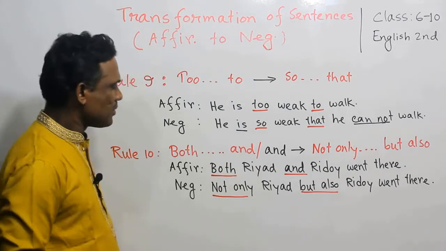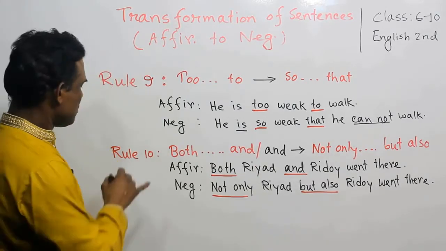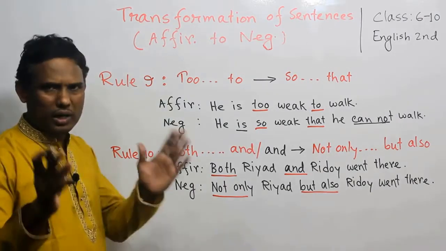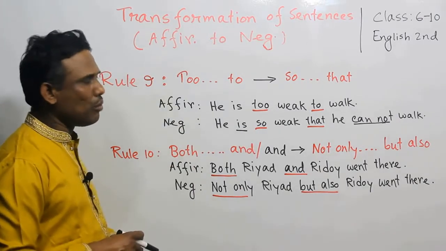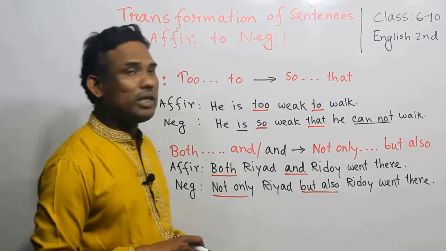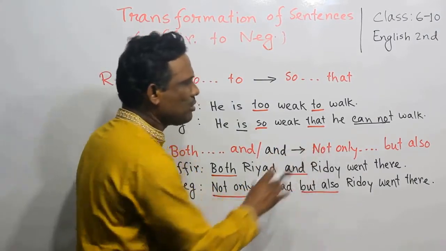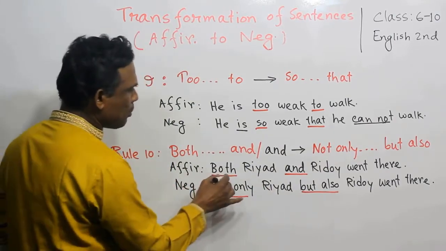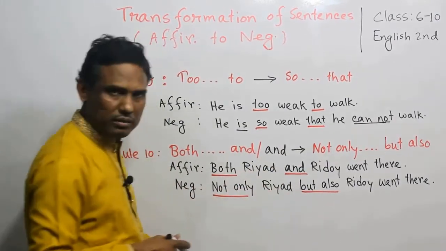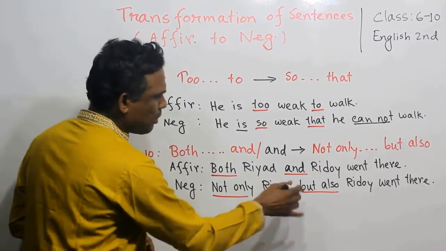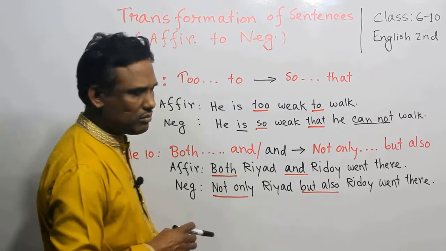Okay. Now have a look at rule number 10. When two words are joined by both and or and, you can use not only but also. For example, both Riyadh and Hridoy went there. Its negative form is not only Riyadh but also Hridoy went there.